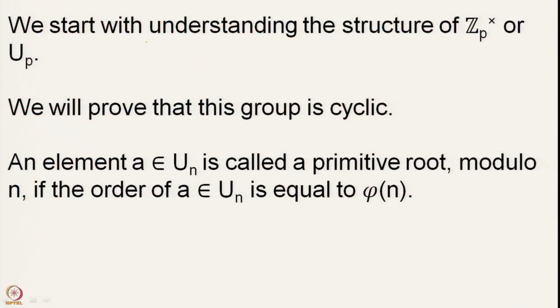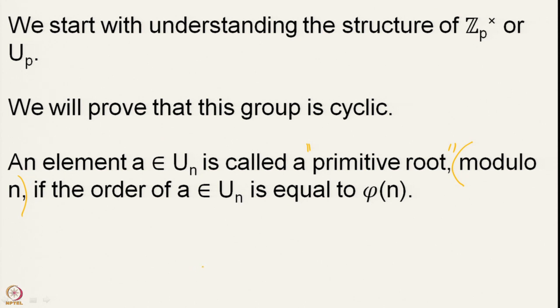Perhaps the result is true in more generality. So, we make one definition here. An element a in general Un, where n need not be a prime, is called a primitive root modulo n. So, we will work with the concept of primitive root, but it is understood that whenever we are talking about primitive root, there is an n which is there in the background.